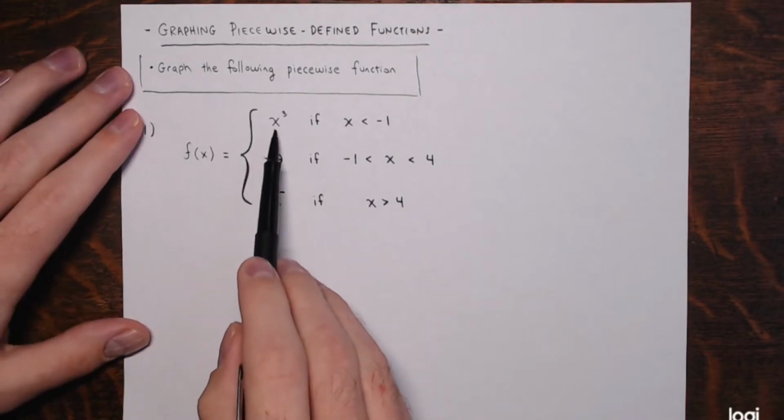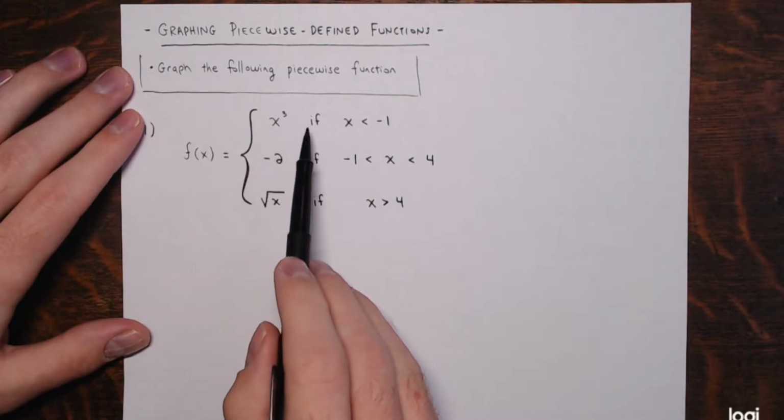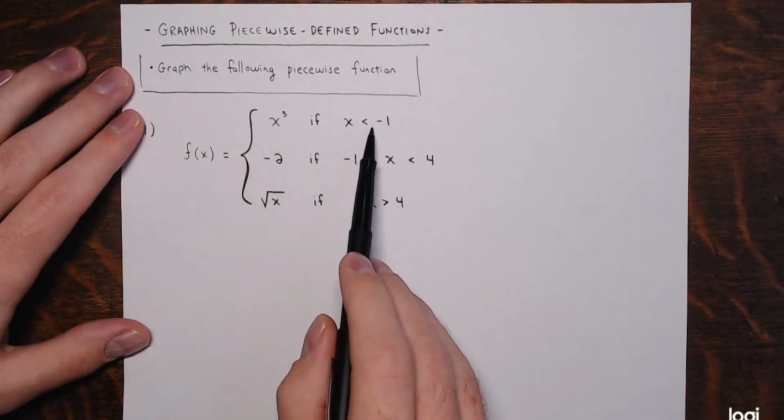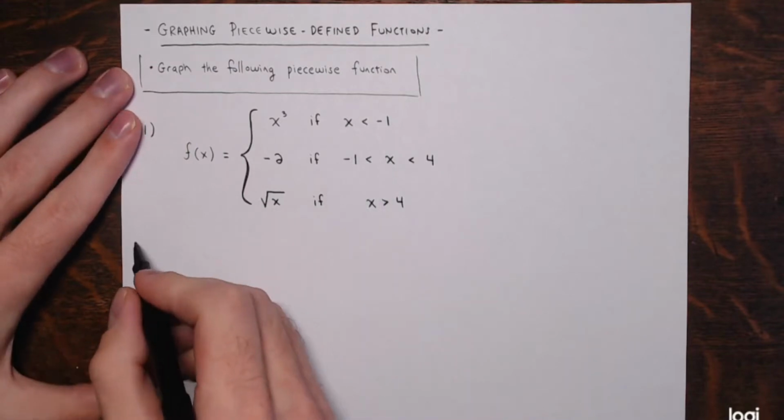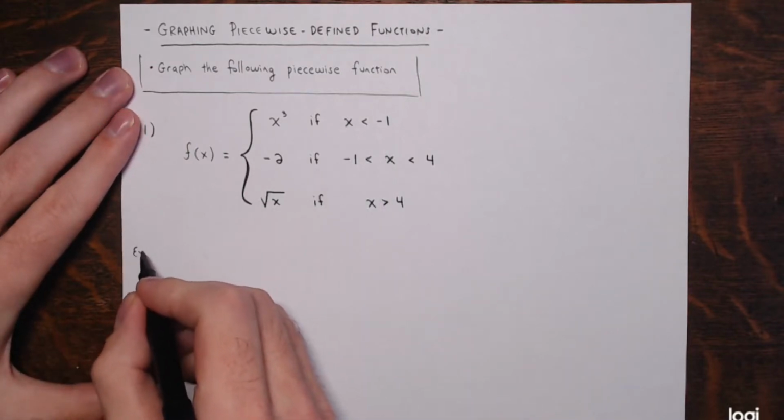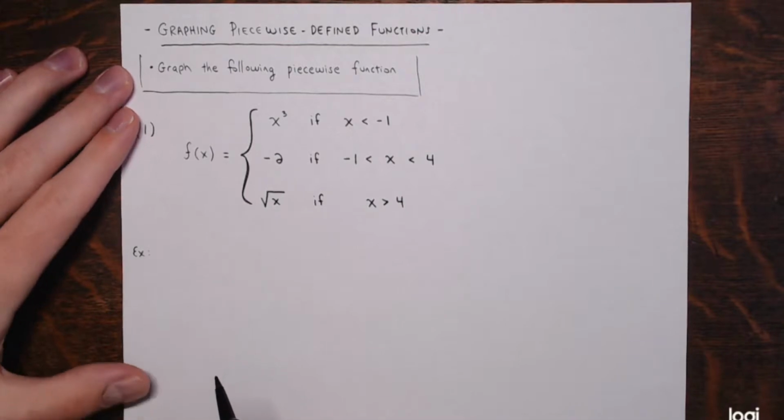So you do x cubed if x is a number less than -1. Just some examples here before I actually get into graphing this.